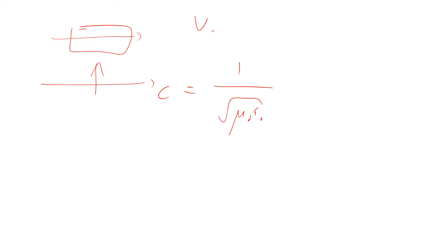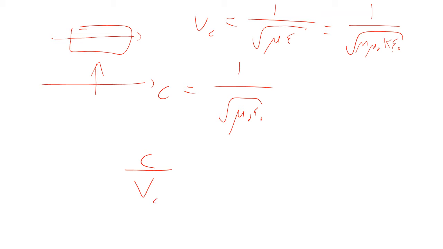The speed of light in the material is going to be 1 over the square root of mu epsilon, with the permeability mu and the permittivity epsilon scaled by the material constants. So this is always going to be less than the speed of light, because K and M are always greater than or equal to 1. And the ratio of the speed of light to the speed of light in the material we call the index of refraction, n.